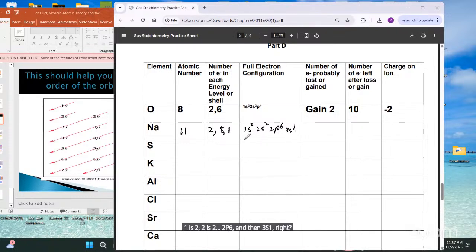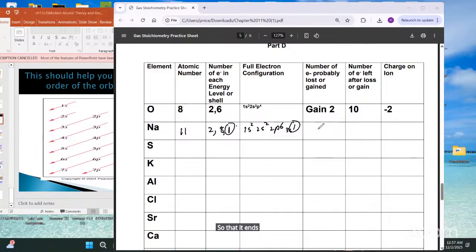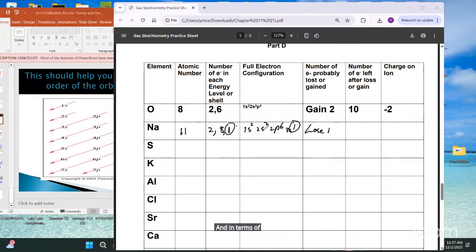In this case, sodium is a metal. It will tend to lose electrons rather than gain electrons. So it will lose this 1 electron so that it ends up with a noble gas configuration. So you're going to put here lose 1 electron. And after losing that 1 electron, the number of electrons remaining would be 10. And in terms of the charge on the ion, when the atom loses 1 electron, it will gain a +1 charge. And that's how that is completed.